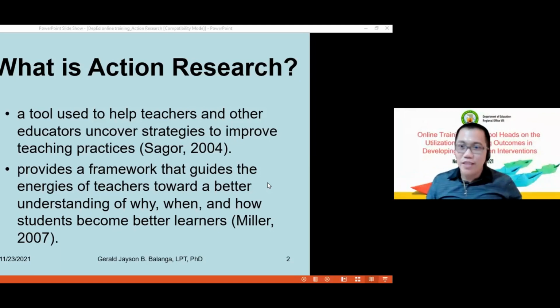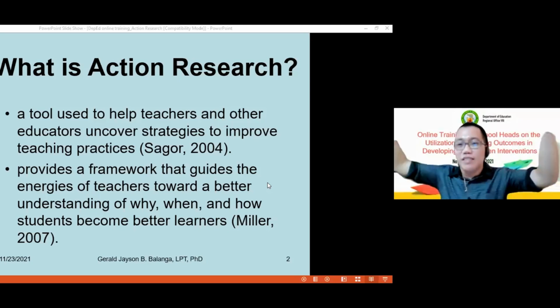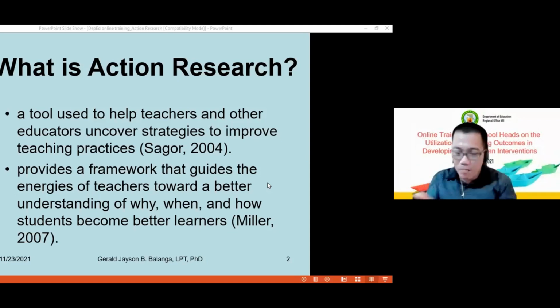You know that because you hold the data, you keep the data. The data are deposited in your office; the teachers submit everything to you. So you know the situation of the school. That is why yesterday Sir Jonas had you do a SWOT analysis.